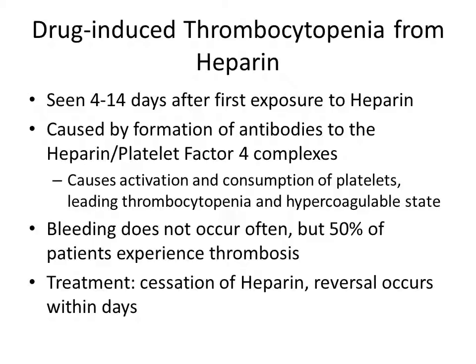The reason being is that heparin can cause antibodies to be formed towards the heparin-platelet factor 4 complexes, which eventually will break down platelets, leading to thrombocytopenia, and you can also get a hypercoagulability state from this as well. So the main treatment, of course, to fix this is to take the patient off this drug, and then the symptoms will go away.